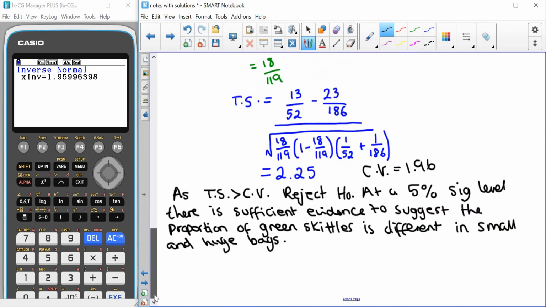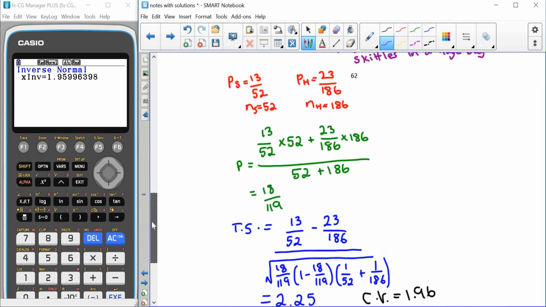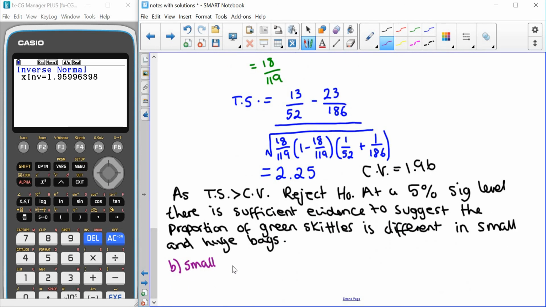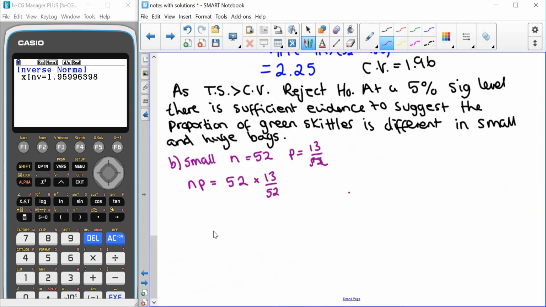Well, for the first part of that, for the small bag, remembering that our n is 52 and our p is 13 out of 52, our np would be 52 times 13 out of 52, which just gives us 13, so that's okay.